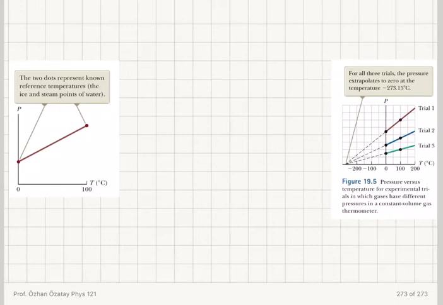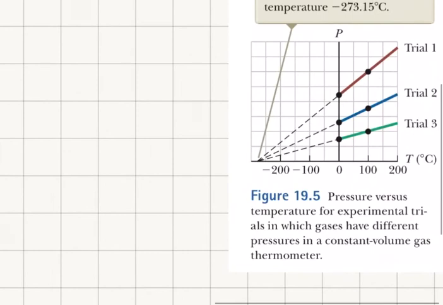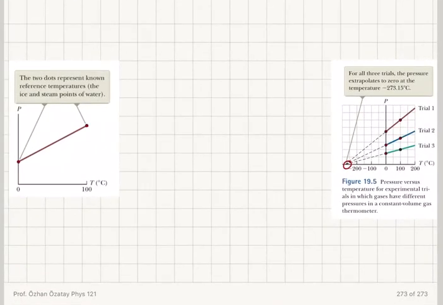Now what is interesting here is that if I repeat this experiment for different gases having different pressures in the constant volume gas thermometer, I see that whenever I do this experiment with these two calibration points, so here are the calibration points, the P-T relationship is always linear, but then I find that they will always extrapolate to a single point on the temperature scale.